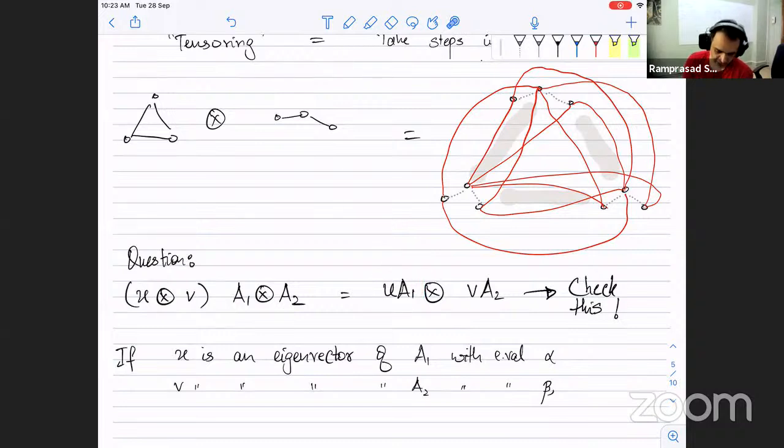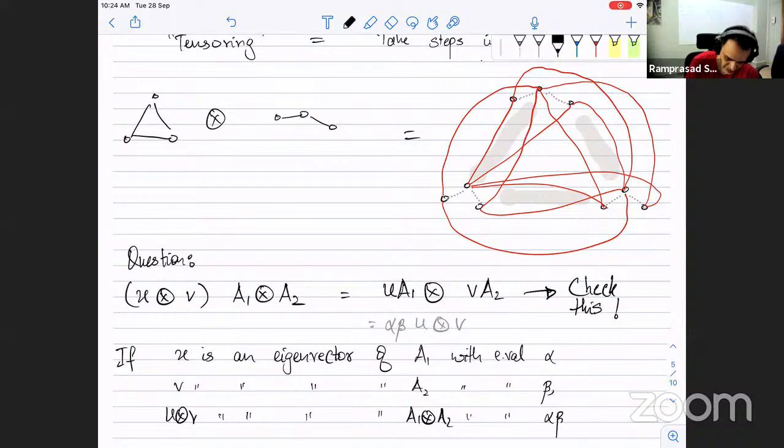I will end up with UA1 tensored with VA2, which is alpha times U tensor beta times V. I can pull the beta out, so you get alpha beta times U tensor V. This says that if U and V are eigenvectors, then U tensor V is an eigenvector of A1 tensor A2 with eigenvalue alpha beta.